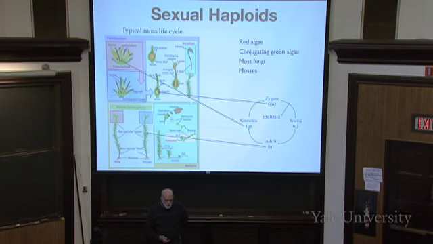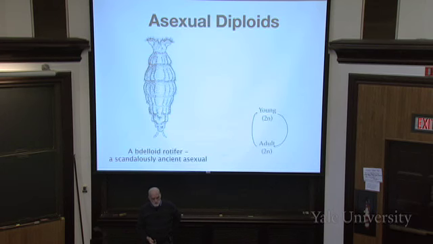Then the zygote forms where the sperm gets into an ovule, on the tip of the plant, and then the young actually develop up here. So this is haploid up here, and then the spores go out. Meiosis has occurred in here, and the spores go out as haploid spores. So that is a sexual haploid life cycle.